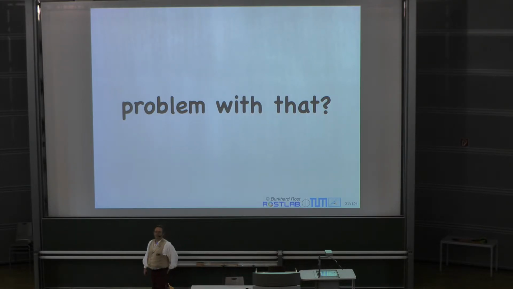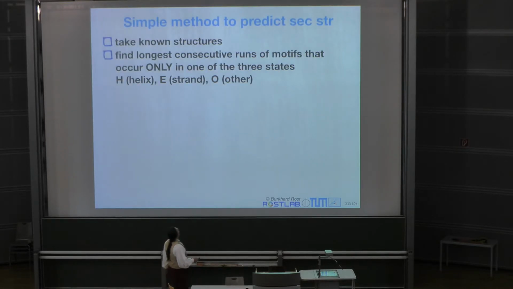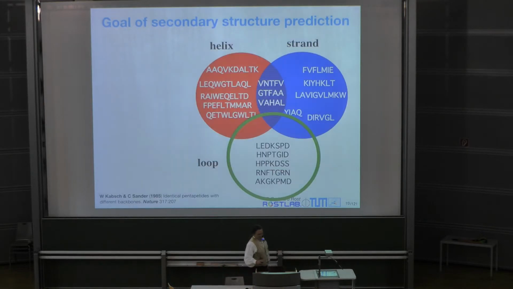The answer is it will depend on the context, so it will not always be the same. That is true. So that brings us back to the issue of the pentapeptides. My algorithm now is a little bit cleverer. This is 30 years ago. My algorithm now says, well, if I encounter pentapeptides like that, I'm not going to use them.